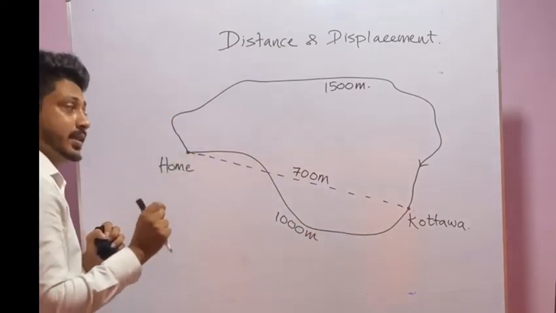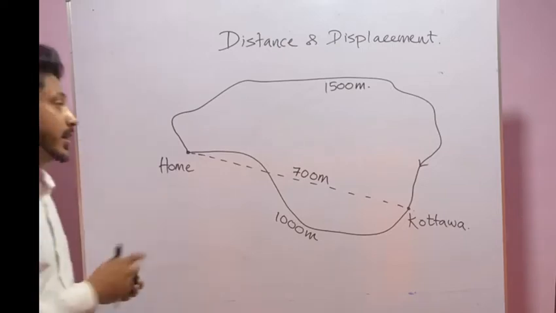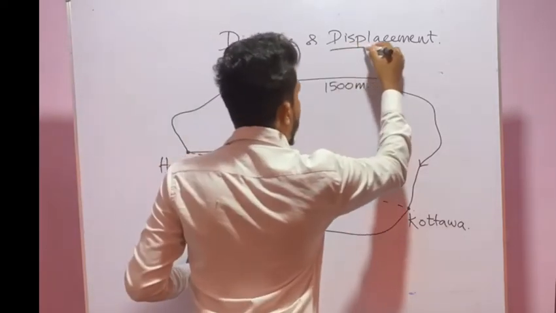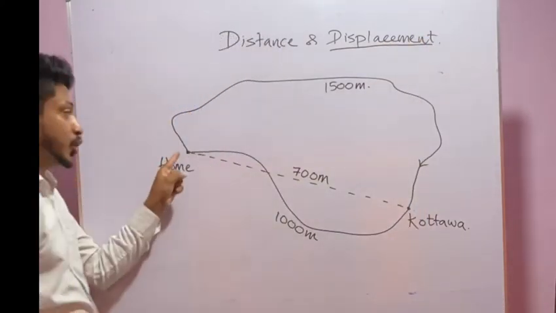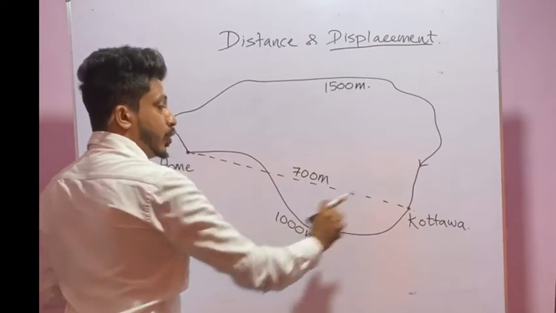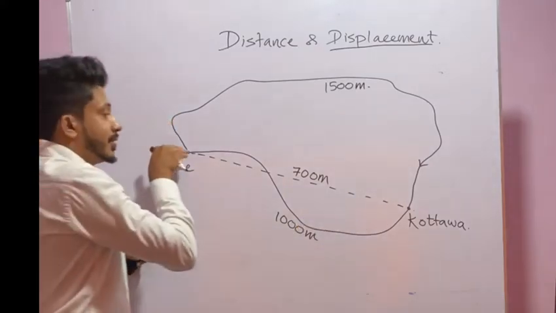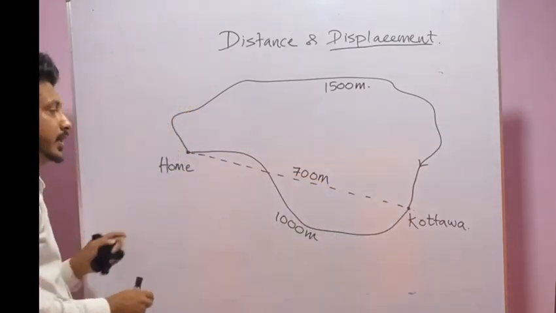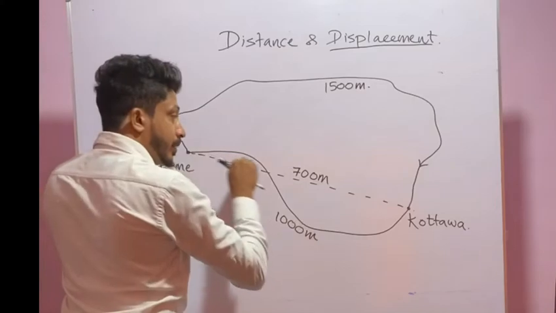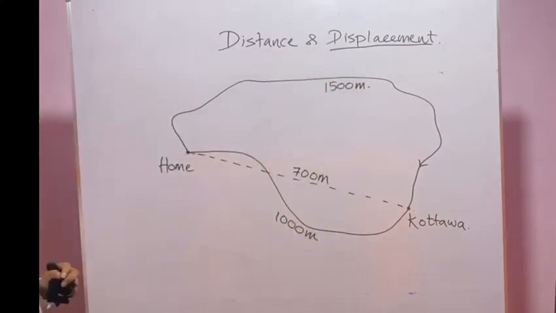So this has a specialty because it is the shortest distance. Because of that, we call that displacement. So displacement is the shortest distance between two points, or in a better way, the straight line distance between two points. Straight line distance between two places is called displacement.